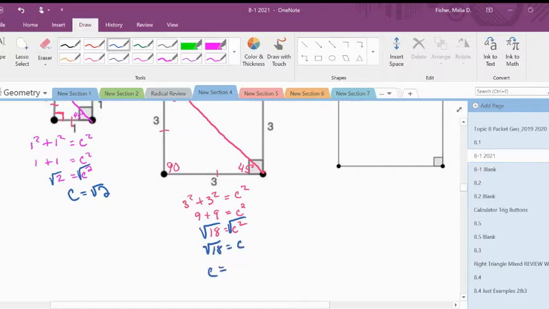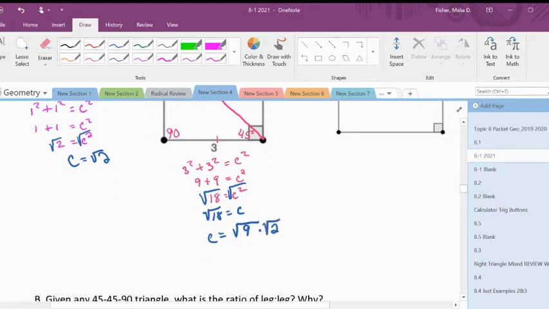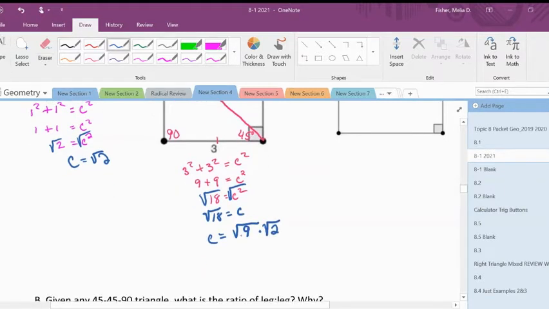So c equals, and let's break down that 18 into 9 and 2. So square root of 9 and square root of 2. And we can simplify the square root of 9 as 3. So in simplified form, we have c equal to 3 times the square root of 2.